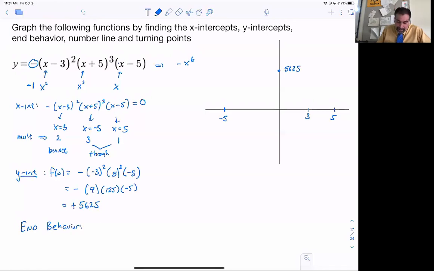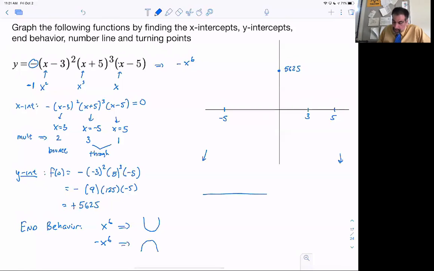We've got an x to the sixth to start with, and x to the sixth starts up, ends up, and has kind of that flattened U shape. But in our problem, we actually have a -x to the sixth. So that means we're going to turn this upside down, and we're actually going to start down in this direction, and we're going to end down in that direction. That's our end behavior.